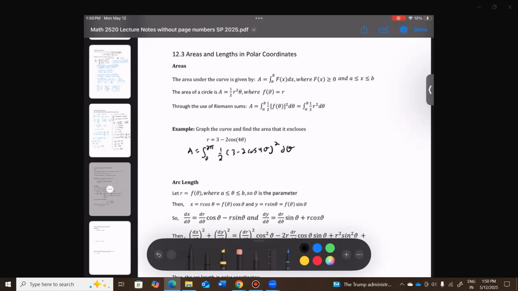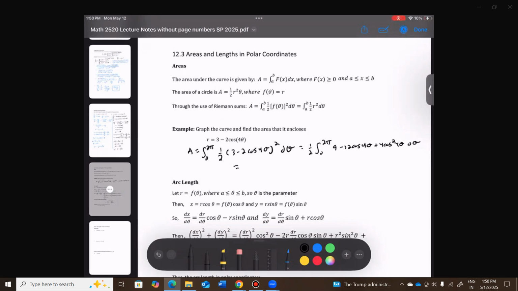We can pull the 1/2 out, 1/2 integral from 0 to 2 pi. And we'll FOIL this out: 9 minus 12 cosine 4 theta plus 4 cosine squared 4 theta d theta.